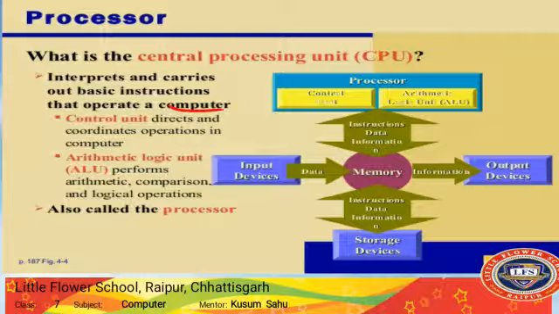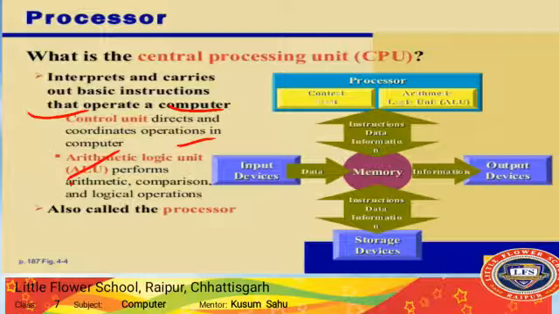It has all the functions through which the computer can operate. It is divided into two categories, the control unit and the arithmetic logic unit. The control unit directs and coordinates operations in the computer, meaning it controls the activities of the computer. Next is the arithmetic logic unit.